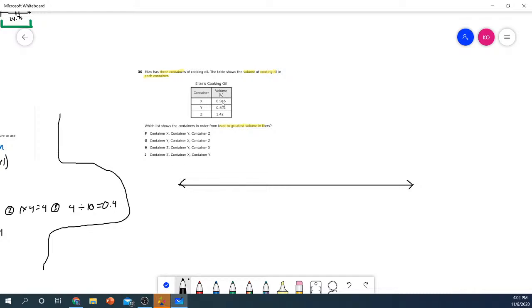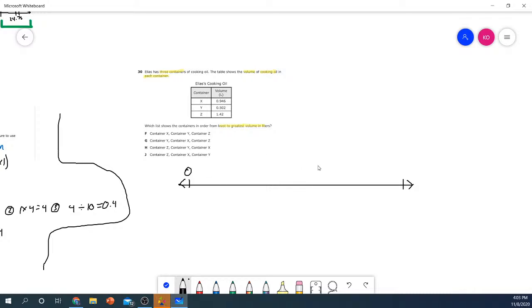So what we see is that the numbers are between 0 and 2. So maybe we can use those as our minimum and our maximum. Oh, not 0.2, sorry.